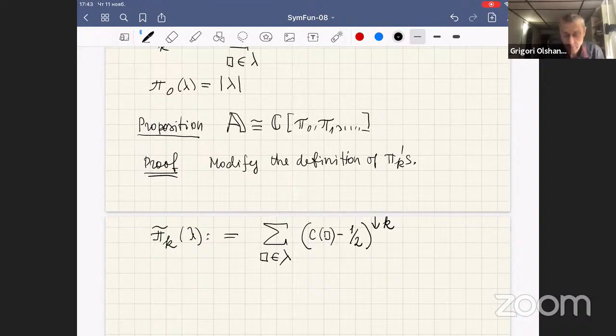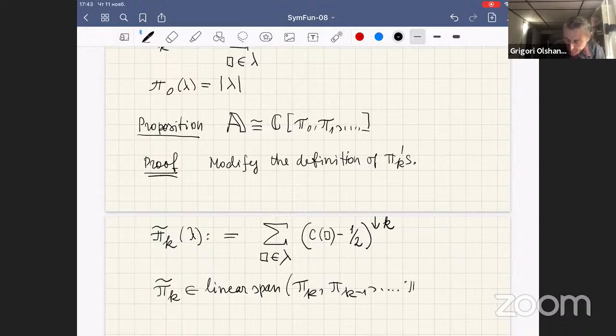the result, because we obviously have that these new elements are in the linear span of pi k, pi k minus 1, and so on, till pi 0.